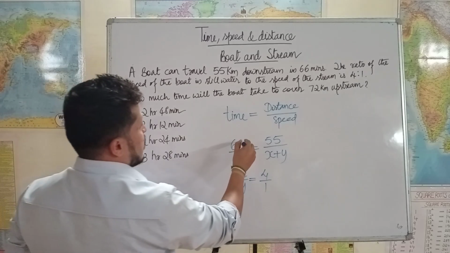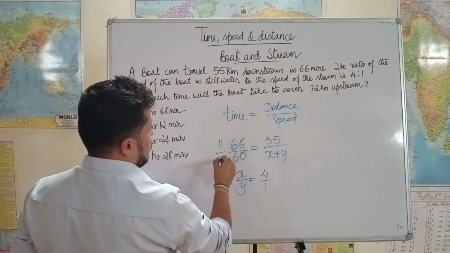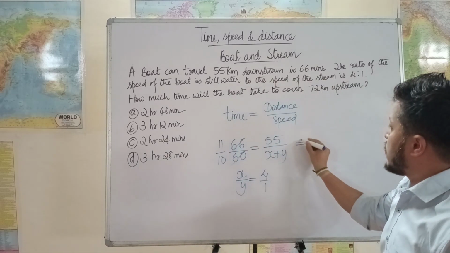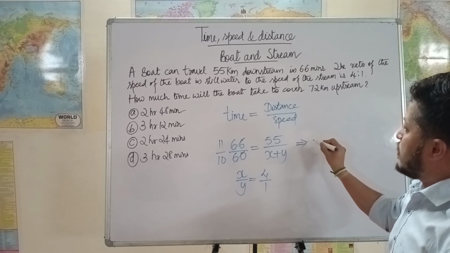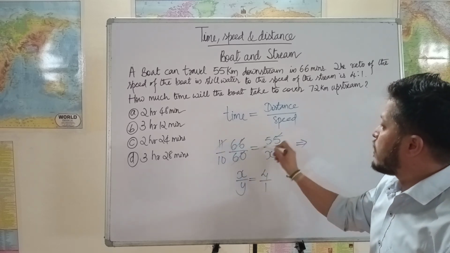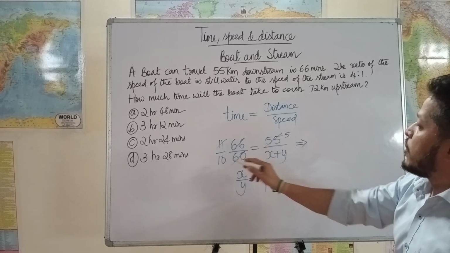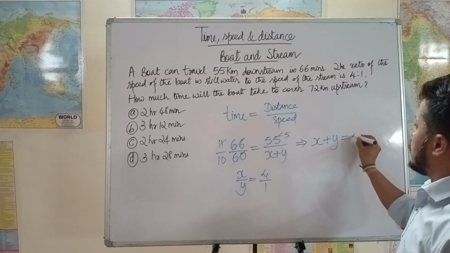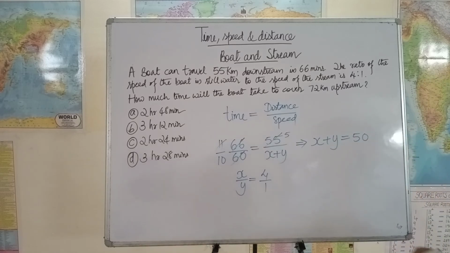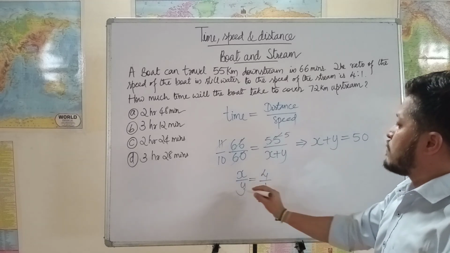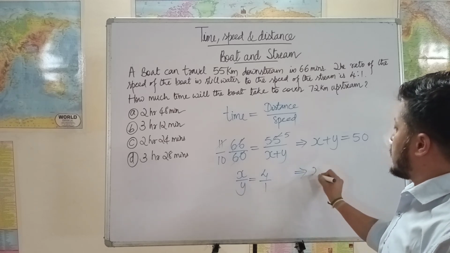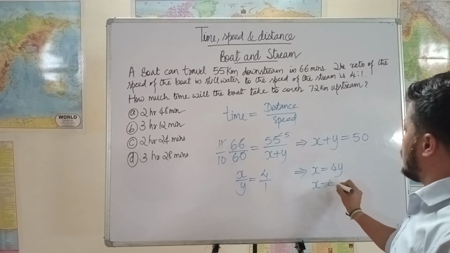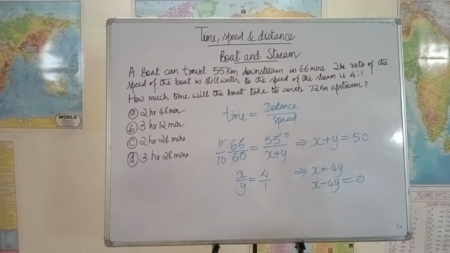So this I can write as 11 by 10, and I can simplify. 11 ones are 11, 11 fives are 55. So 5 into 10, x plus y is equal to 50, right? Here x is equal to 4y, which can also be written as x minus 4y is equal to 0.